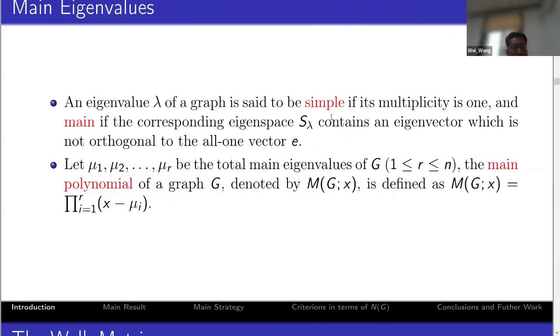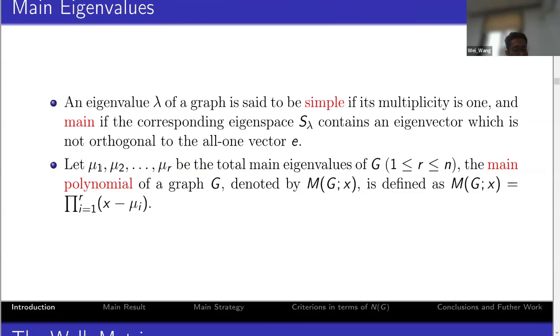And also we need some definitions. An eigenvalue lambda of a graph is said to be simple if its multiplicity is 1, and main if the corresponding eigenspace contains an eigenvector which is not orthogonal to the all-ones vector.